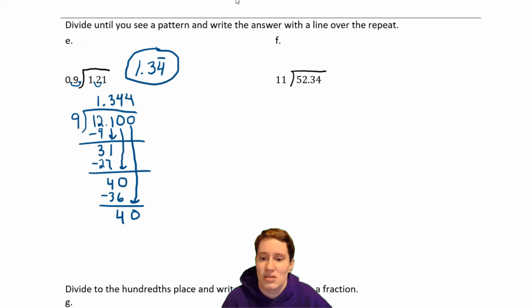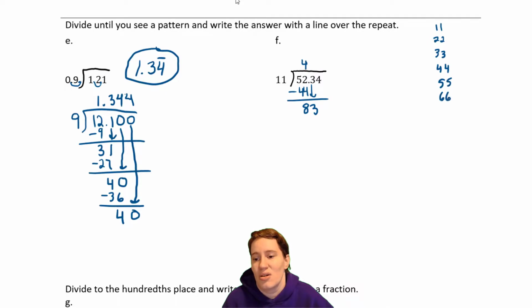Right. 11 goes into 52 4 times. So I subtract 44 and get 8. Drop down my 3. 11's a little bit unpleasant to divide by, but remember that multiples of 11, at least for a while, are really, really nice. Okay, so if you are upset that we had to divide by 11, there is a bright side.